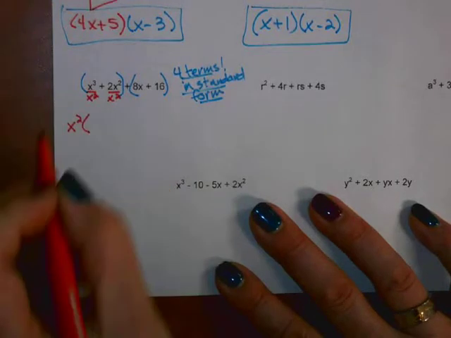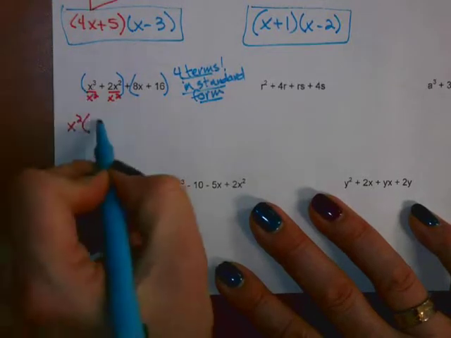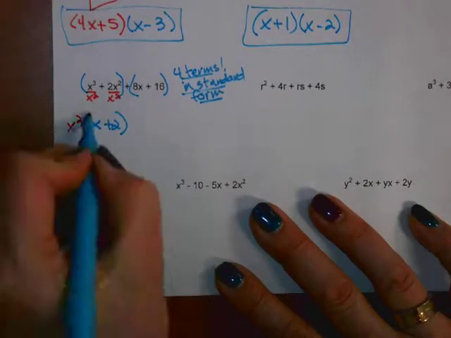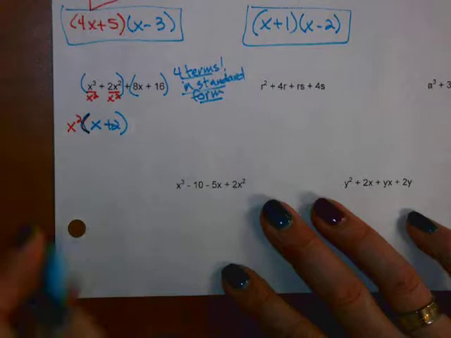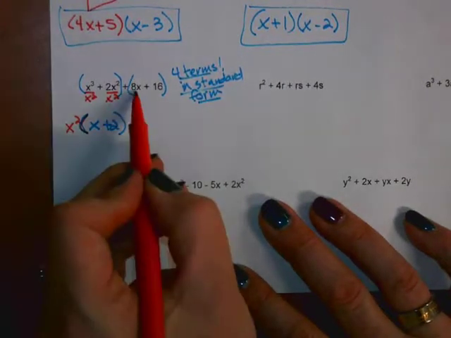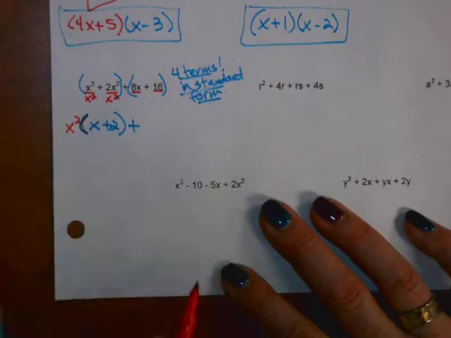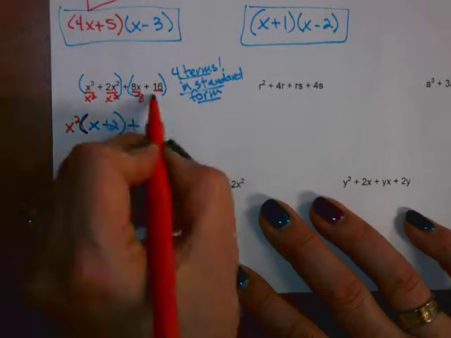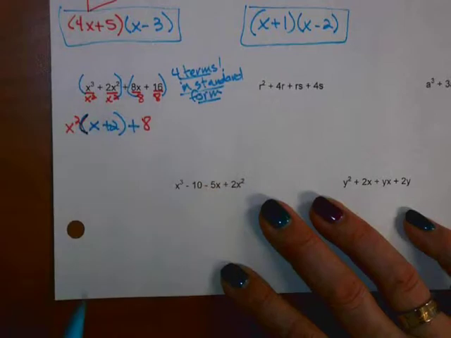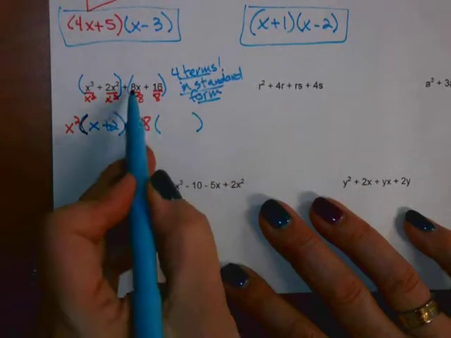And what do I have left? x plus 2. I'm going to put the plus sign, and look at this term. What can I take out of both of those? An 8. So I'm going to write plus 8. And then what's left?